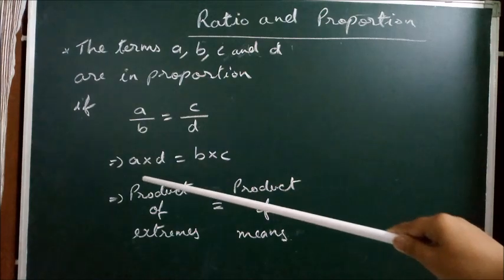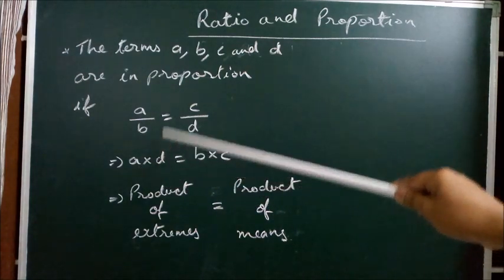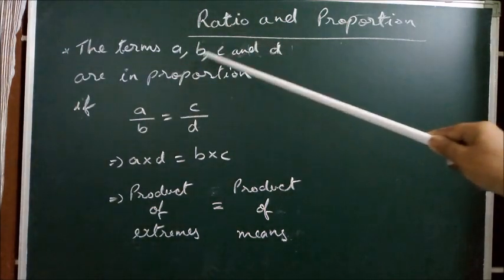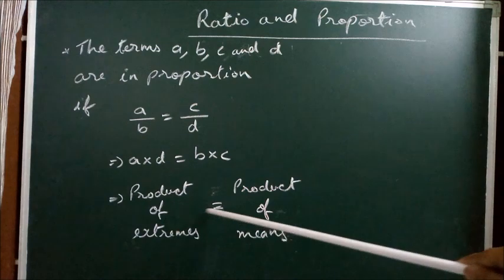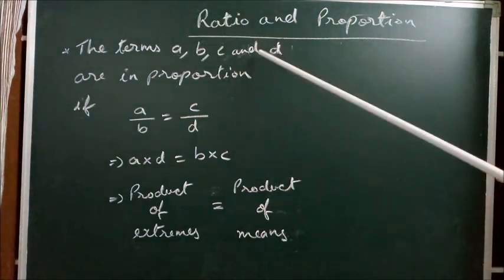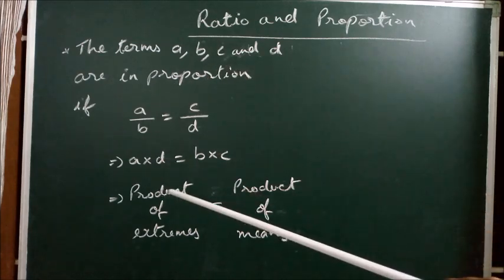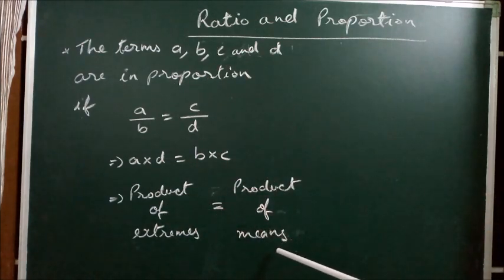This means, as we discussed earlier, A and D are the extremes and B and C are the means. So the product of extremes equals the product of means. The given four terms are in proportion if the product of their extremes is equal to the product of their means.